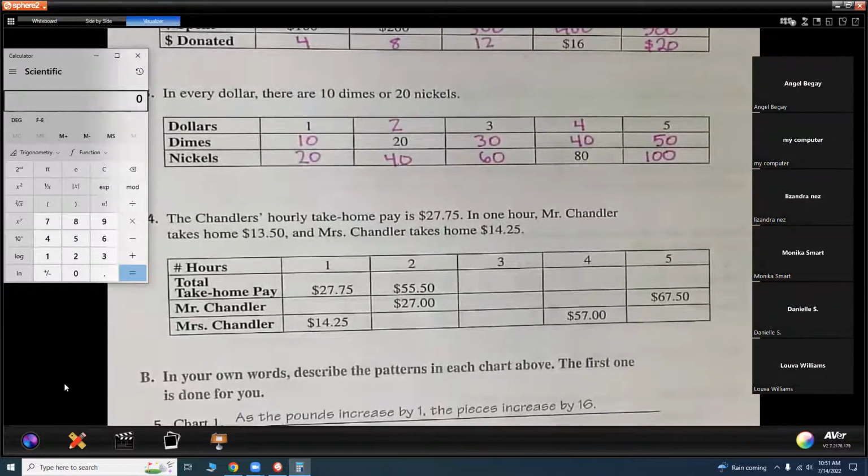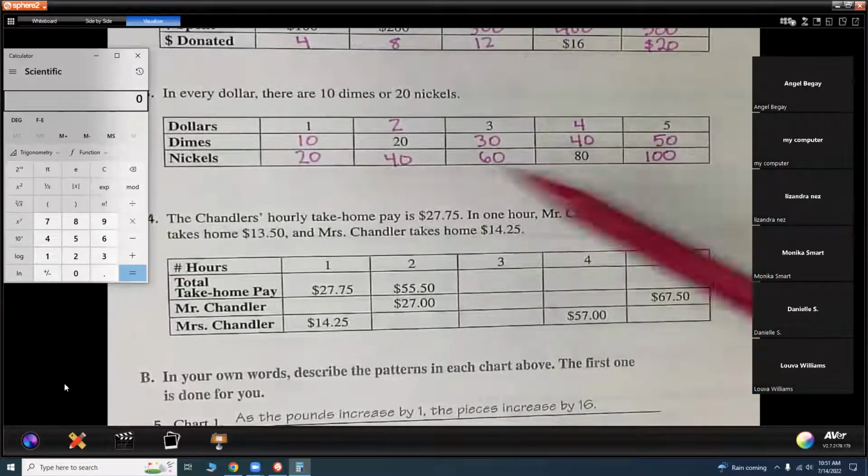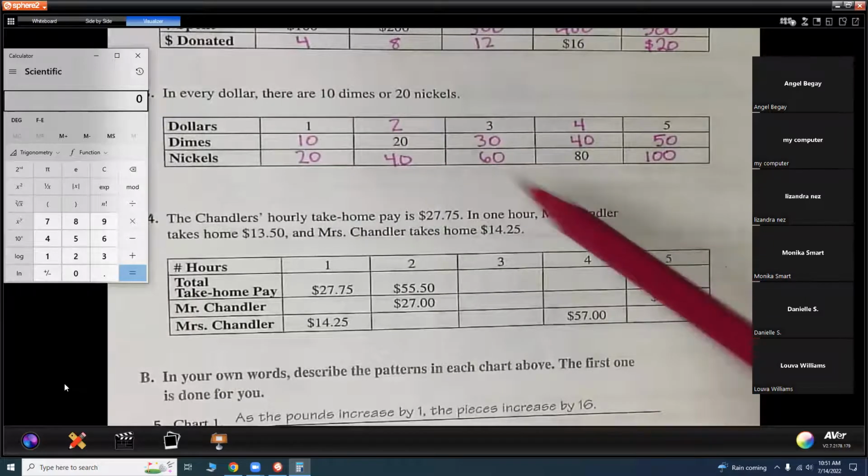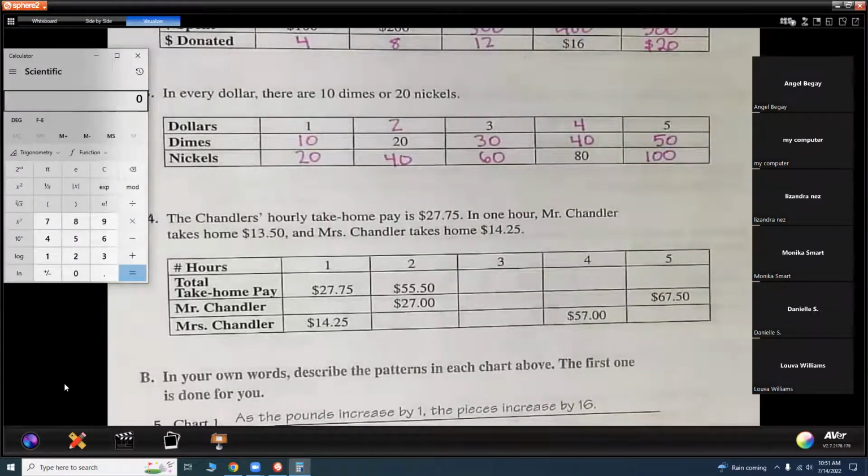Excellent, good. So, yeah, as dollars increase, dimes increase by 10, nickels increase by 20.